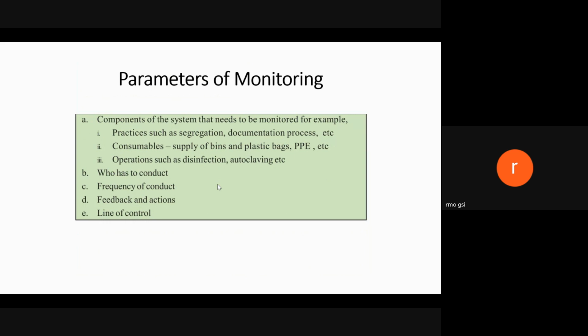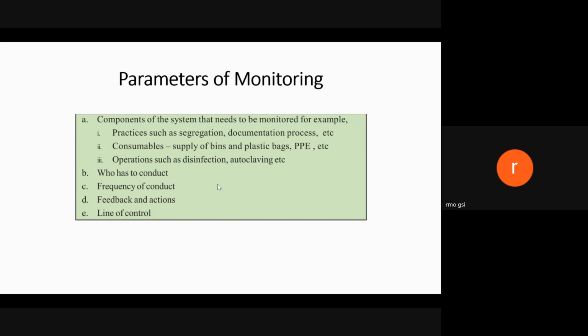What are the parameters for monitoring, the components of the system that need to be monitored? For example, practice suggests segregation: whether all the staff who generate waste are doing segregation as per the segregation SOPs and guideline. Whether the documentation process is being followed or not. Whether top management is supplying bins, plastic bags, PPE kits, and the required resources for proper waste management.